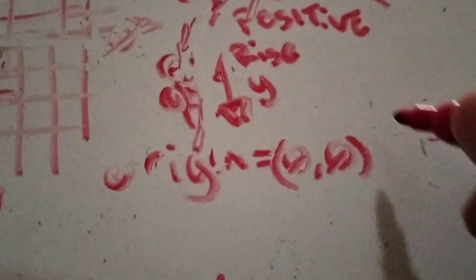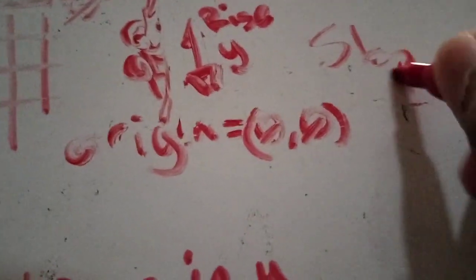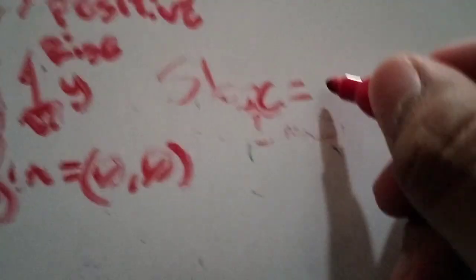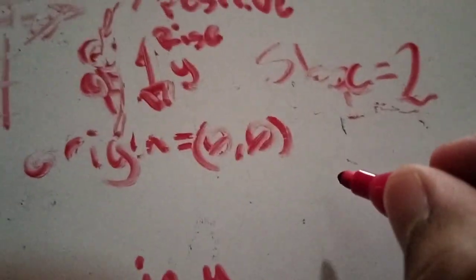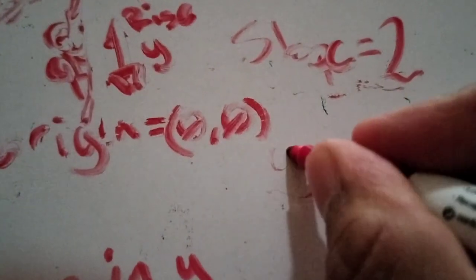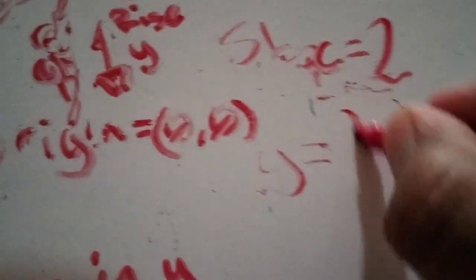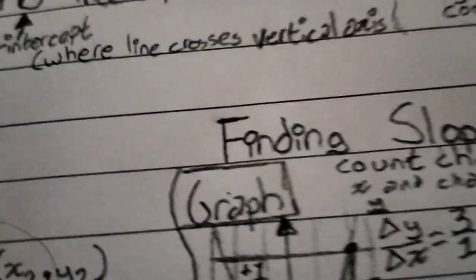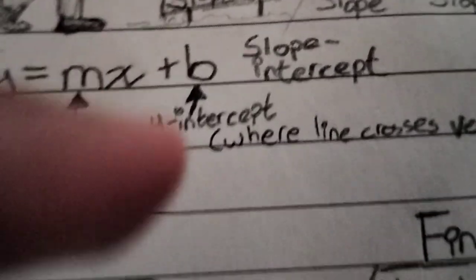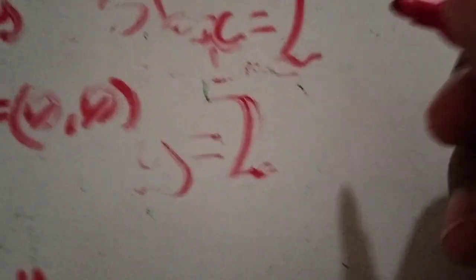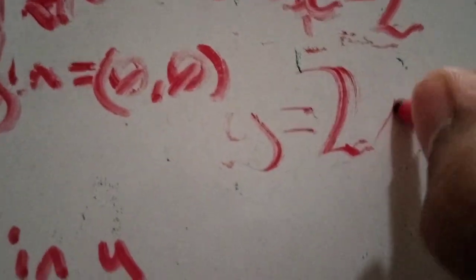See right here, say the slope is equal to 2. Yeah, we're gonna have this equation, where it's y equals 2, which is where the slope goes, and then multiplied by an x variable right here, y equals 2x.